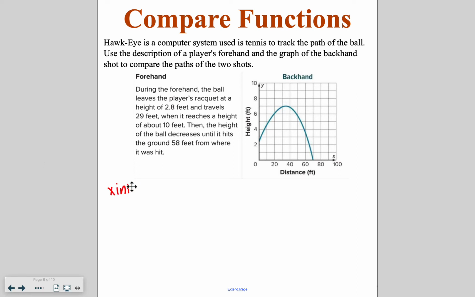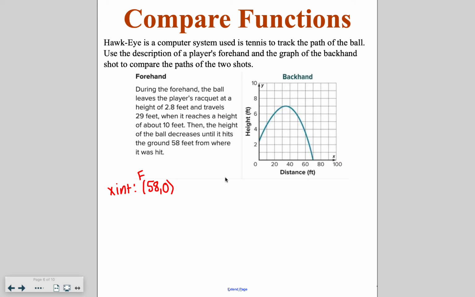And for the forehand, as I'm going through and reading, I am looking for the value of where it would hit the x-axis, aka where the ball would hit the ground. In this case, that's 58 feet from where the shot was hit. So my x-intercept for the forehand is going to be at 58, 0.